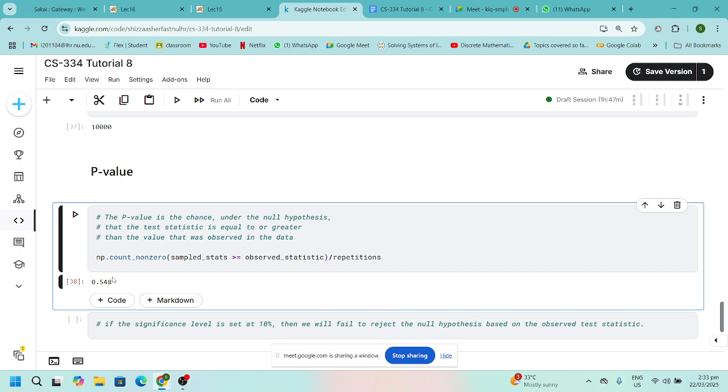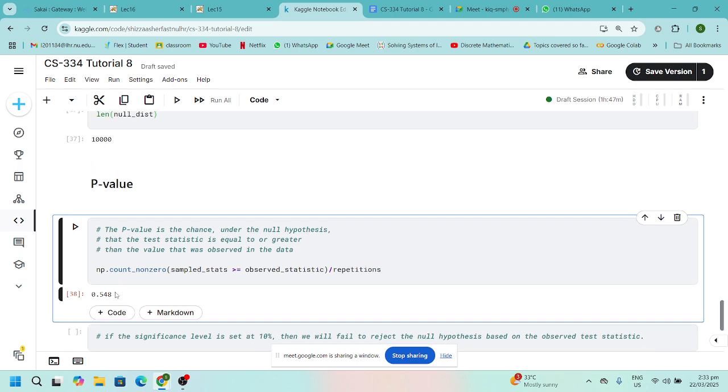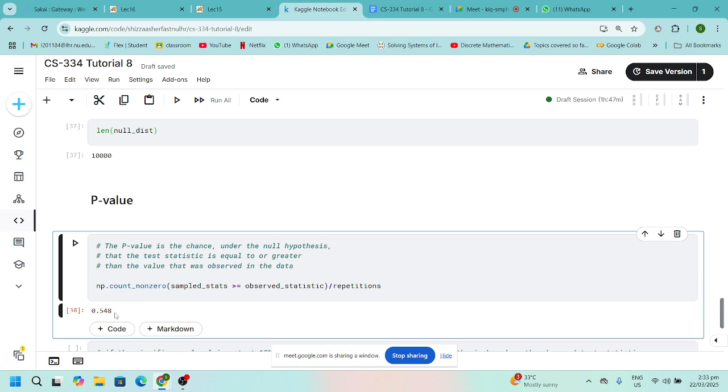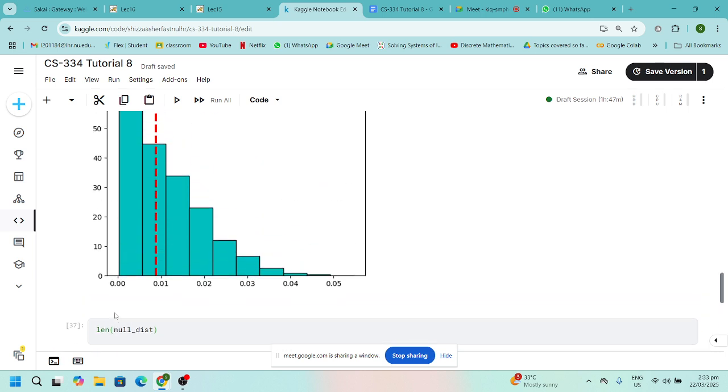Anyway, now the threshold that you put on your p-value is what you can call alpha, or alpha means the significance level. So if I set my significance level to 10%, for instance, that means कि अगर मेरी p-value जो है, if it's going to be less than 10%, then I will not be able to accept the null hypothesis, because then I'm saying कि if it's less than 10%, then you probably obtained your observed statistic just because of chance.